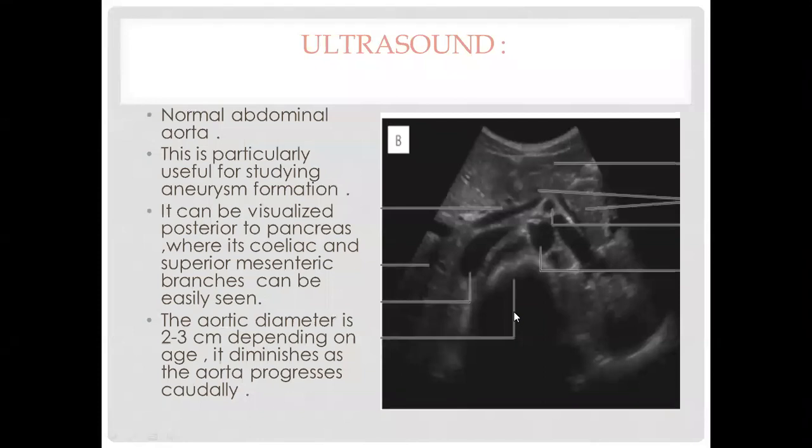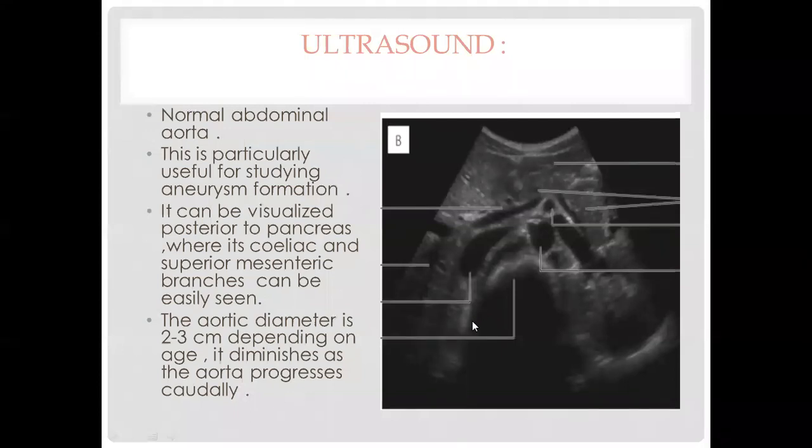Ultrasound is one of the modalities for examination of the abdominal aorta. It is non-invasive and simply used. Usually, it is used for screening of the abdominal aorta, especially for men over 60 years of age, smokers, and anyone with a family history of abdominal aortic aneurysm.